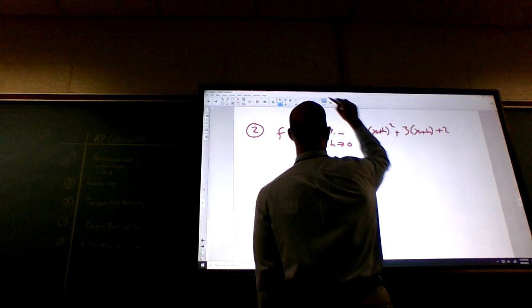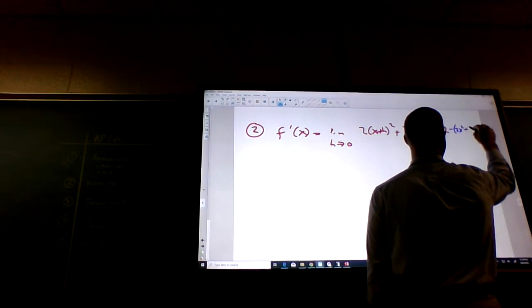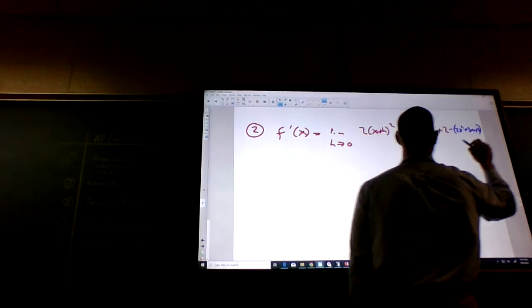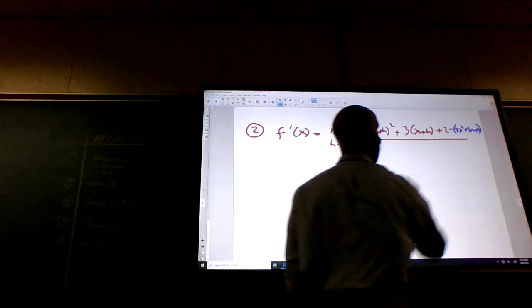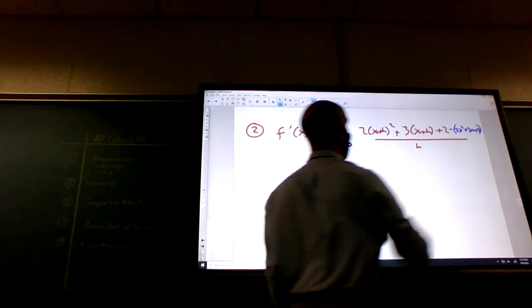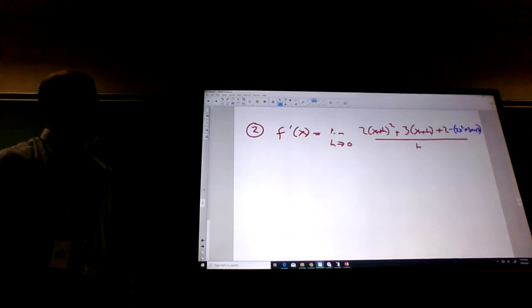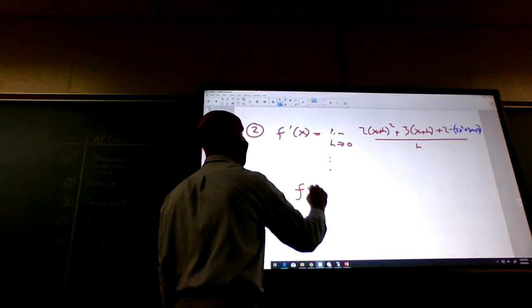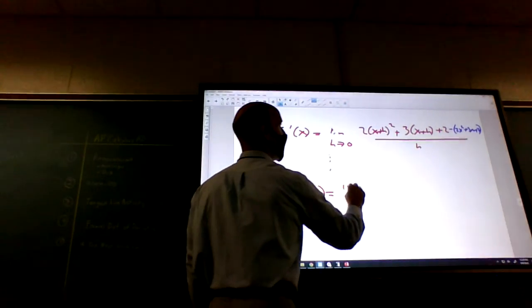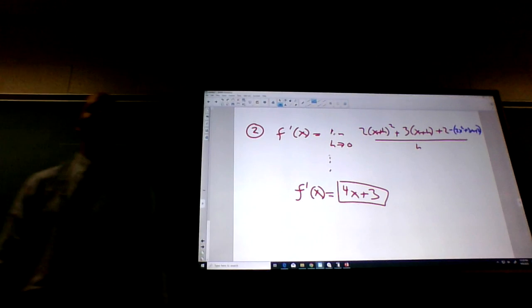Then I've got to minus f of x, all of that over h. Not, I almost wrote delta x, but we're doing h. Now, guys, this thing is a hot mess. I'm going to tell you that the final answer is 4x plus 3. Anybody get that one? Well done.